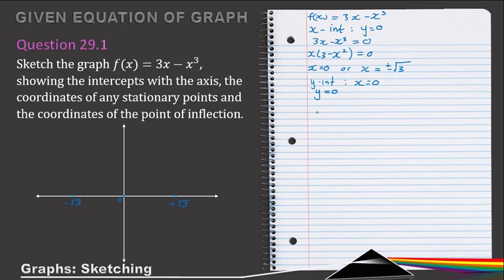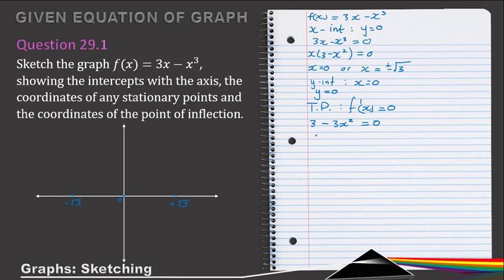Right, and then our turning points, that is where we take the first derivative of the graph and equal it to 0. So the first derivative of this graph is 3 minus 3x squared equal to 0. Now to solve for this, I can just take the 3 over to the other side.